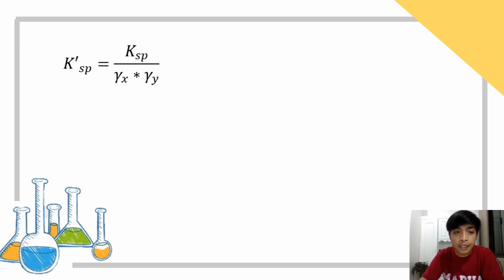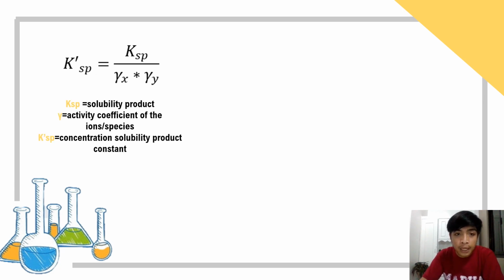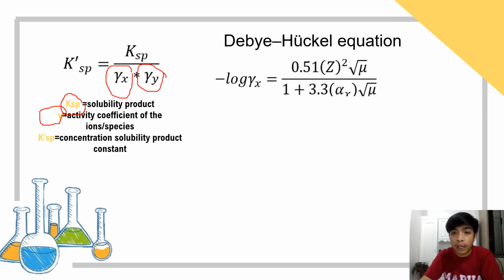First is the Ksp prime is equal to Ksp all over the activity coefficients of x and y, where Ksp is the solubility product or the thermodynamic equilibrium constant. Gamma is used to denote the activity coefficient of the ions and the species, and the Ksp prime is the concentration solubility product constant. To know the value of these, we will be using the Debye-Huckel equation if it is not given.